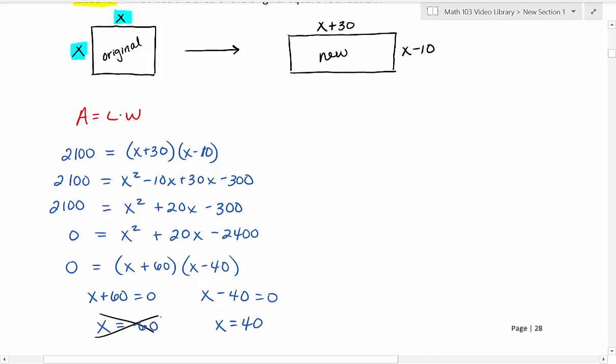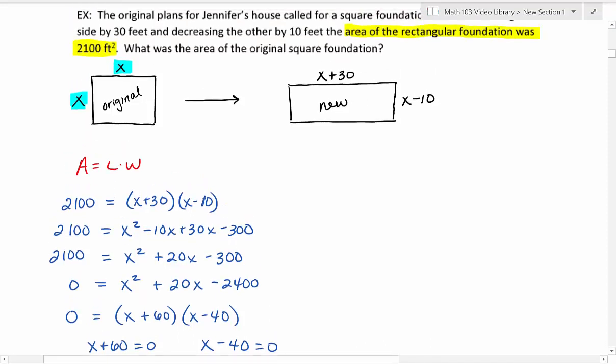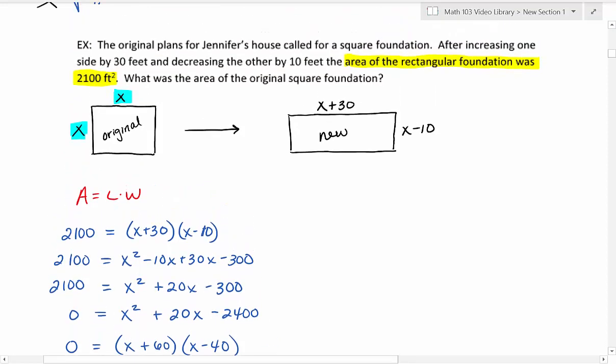Next, we want to make sure that we've answered the question. So let's go back and reread what the question is. They want to know what the area of the original square foundation is. Well, the area of our original square foundation using length times width is going to be x times x.